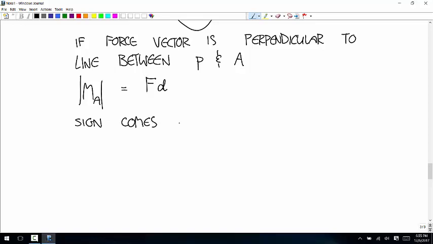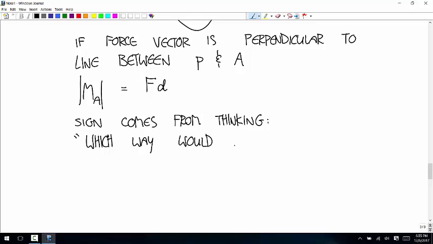So the sign comes from which way that force would make the object rotate. And it's the same sign convention that we used for angular velocity and angular acceleration.